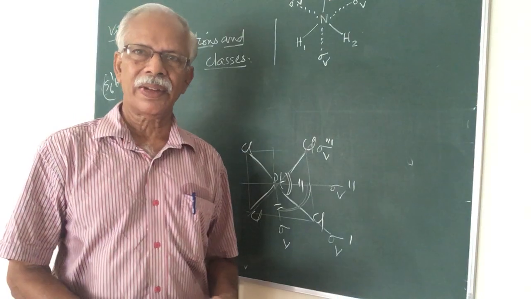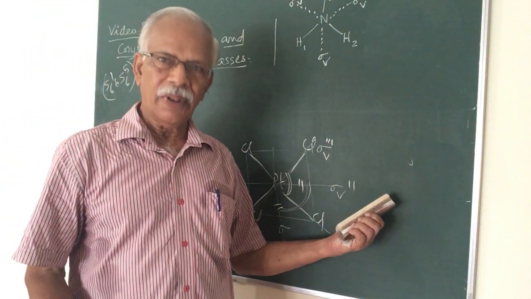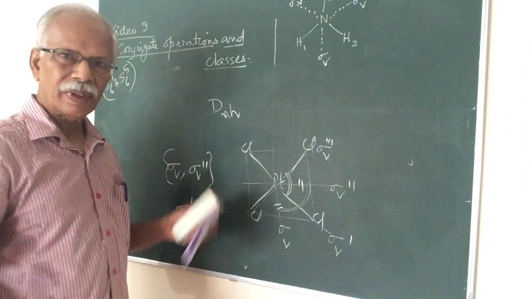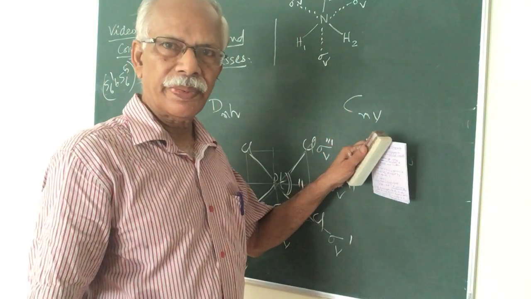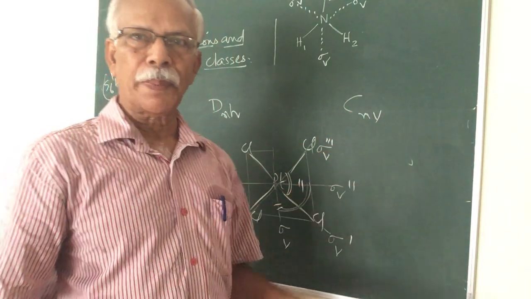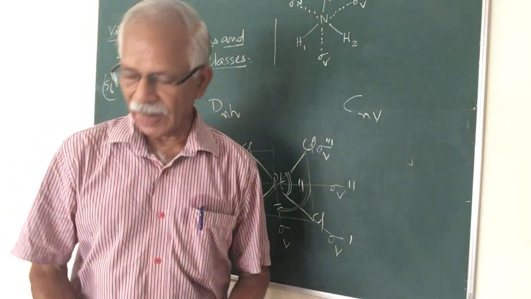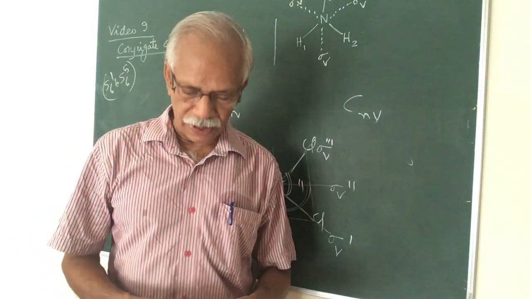This is generally the case if the n value of the Dnh group is even. So also for the Cnv group, there are n vertical planes. If n is an even number, there will be two sets of classes among the vertical planes of symmetry.